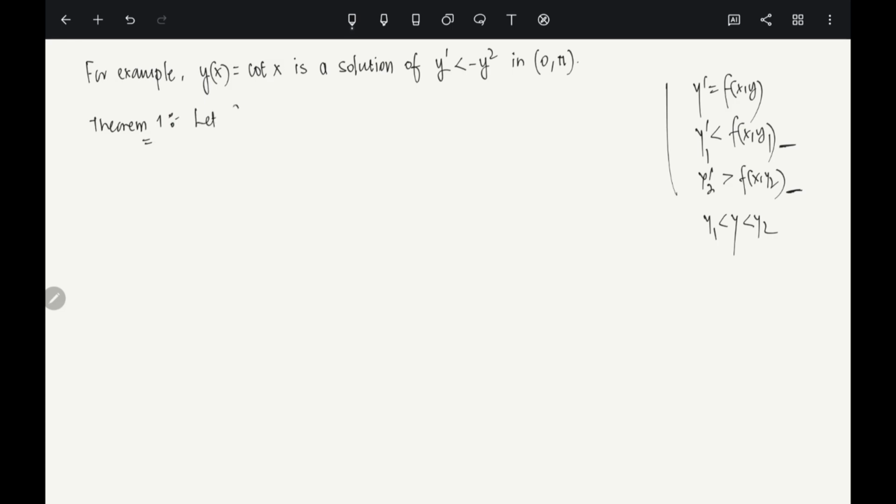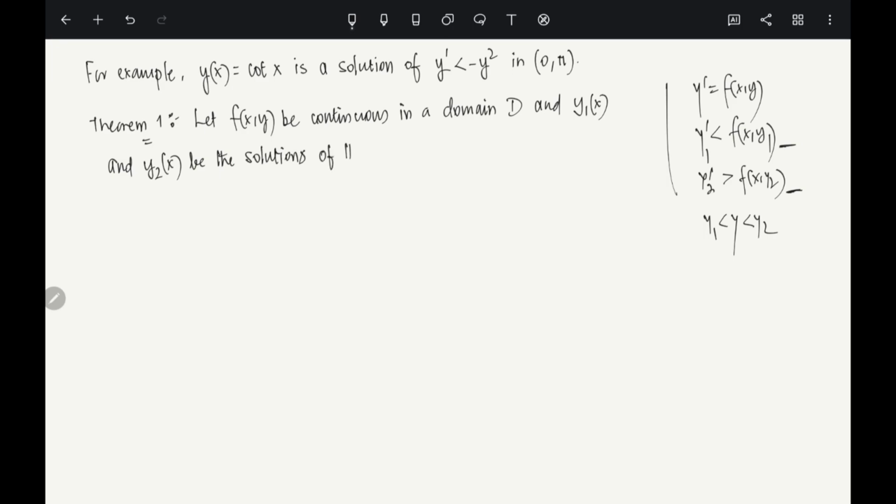So let f of x, y be continuous in a domain D. Whatever the domain is, doesn't matter, I mean, wherever it is defined, let's just say. And y1 of x and y2 of x be the solutions of the differential inequality.